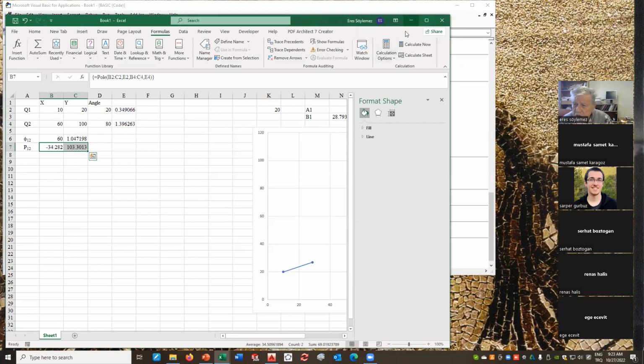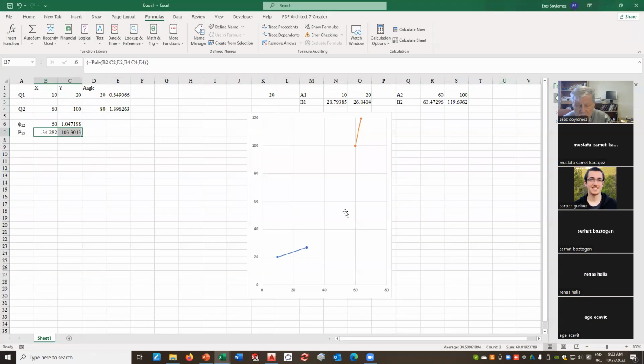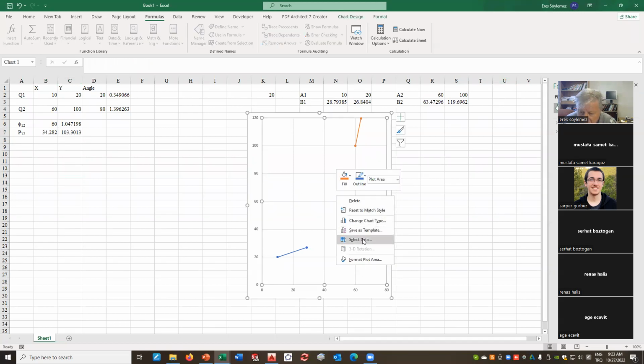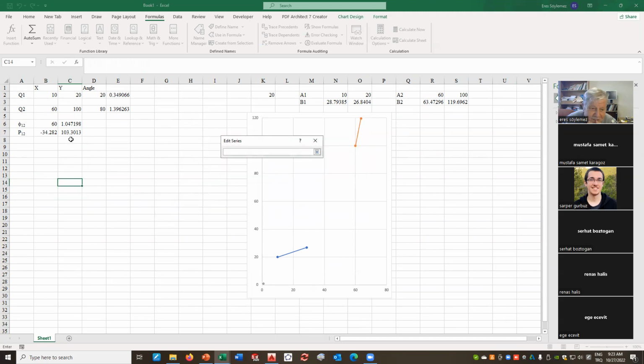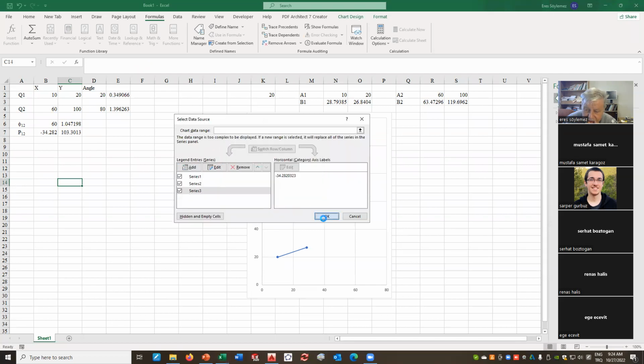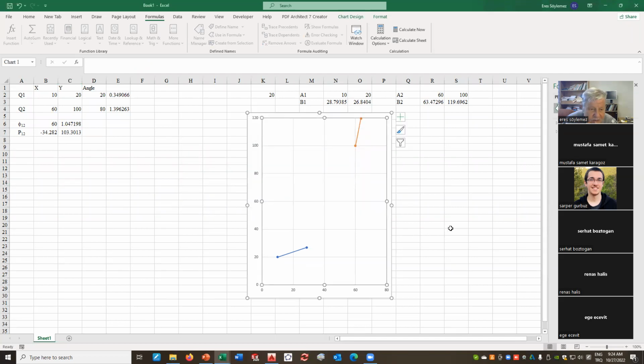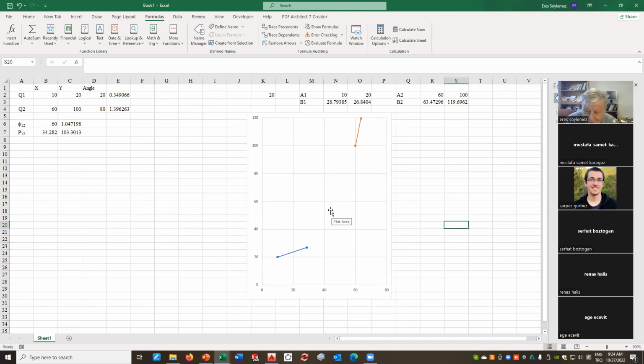The pole, let me mark the pole. Select data. You see, you can select a point as data, X value, Y value. This is minus 34, 103. Y is 103, minus 34.